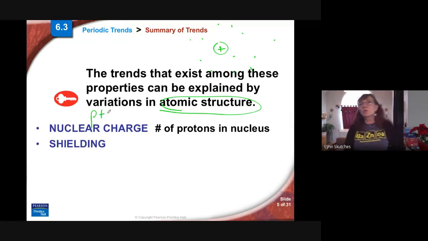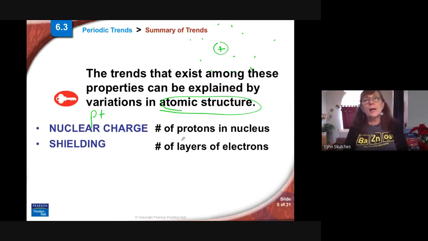Another thing is something called shielding. So you know what a shield is, right? Knights in shining armor have their shield to block things. Okay, well, shielding is the term that's used to explain how the layers of electrons, remember our onions, okay, the layers of the electrons, they're all negative.